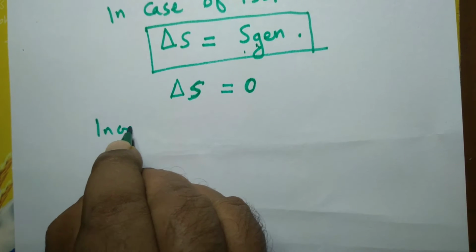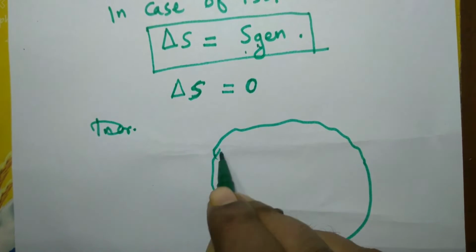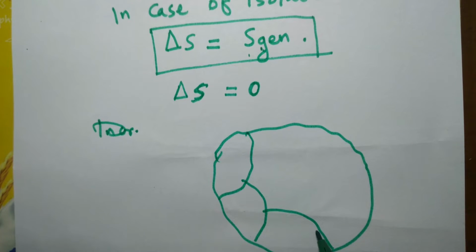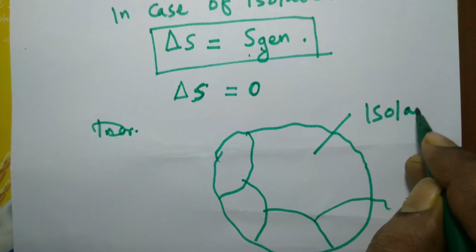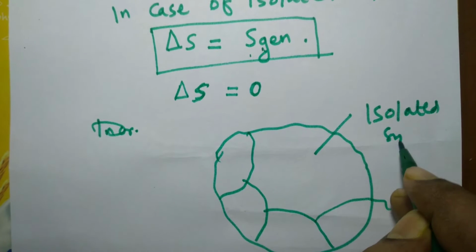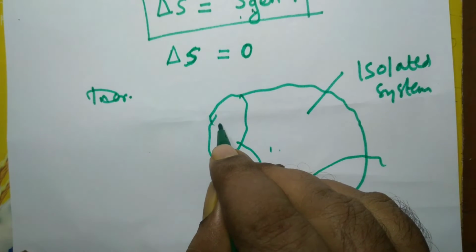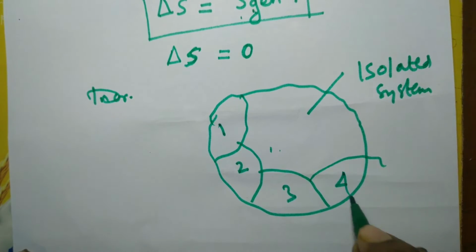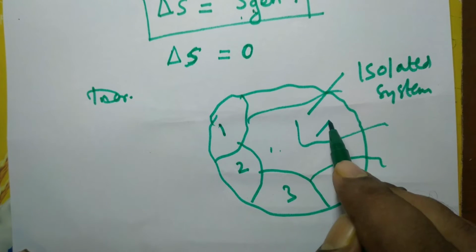Increase of entropy: you see, this is an isolated system. Suppose this system can be considered to consist of a number of subsystems: this is subsystem 1, subsystem 2, subsystem 3, subsystem 4, and so on, n number of subsystems.